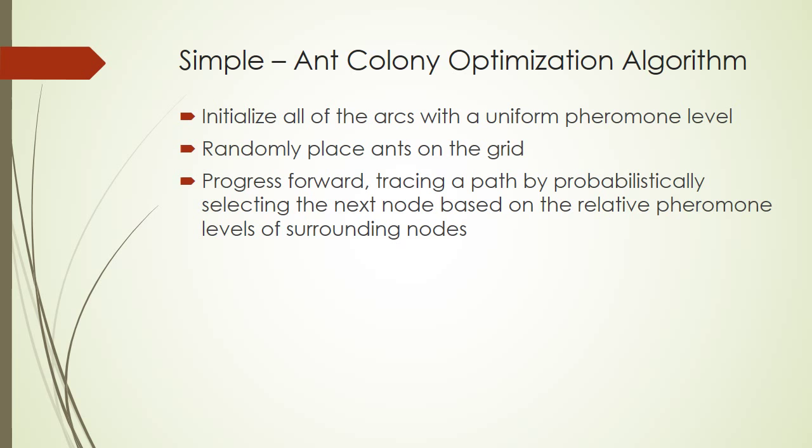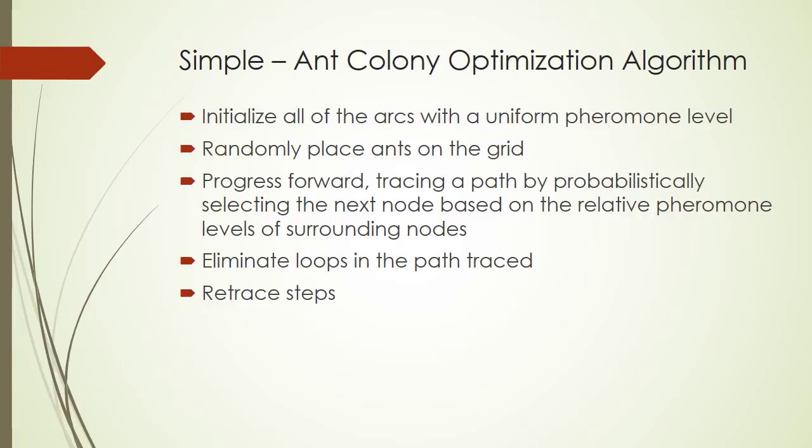These ants will progress towards their goal by probabilistically selecting their subsequent nodes. And this node selection is based on the relative pheromone level of the surrounding nodes. Once the goal is reached, loops in the path that was just traced are eliminated by searching through the sequence of nodes.